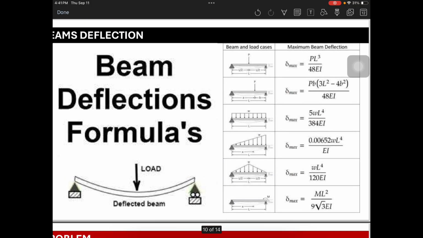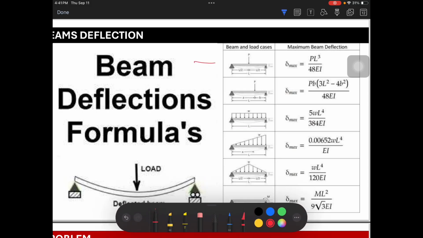So, these are the basic formulas for beam deflections. In structural theory, there are several methods to get the deflection, right? There's the moment, slope, deflection method, the virtual work method, and many others. But for the basic loading, this is already our formula for basic loading.